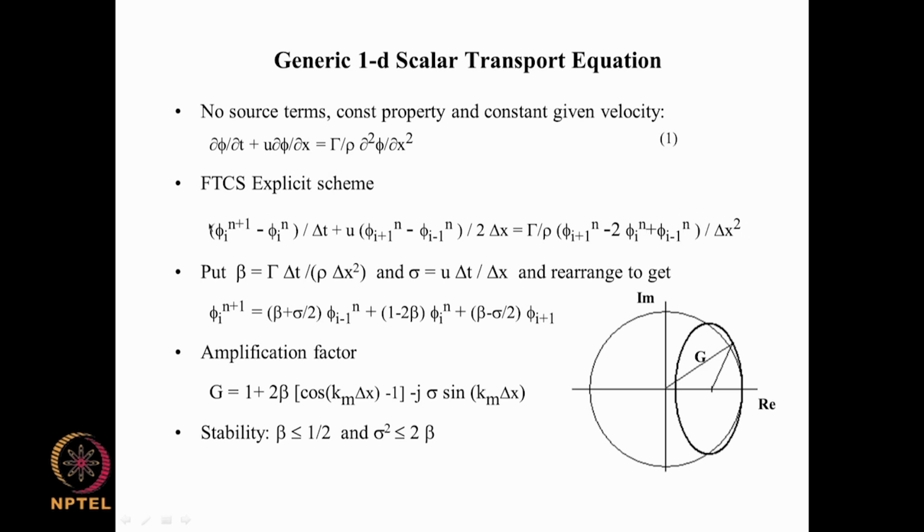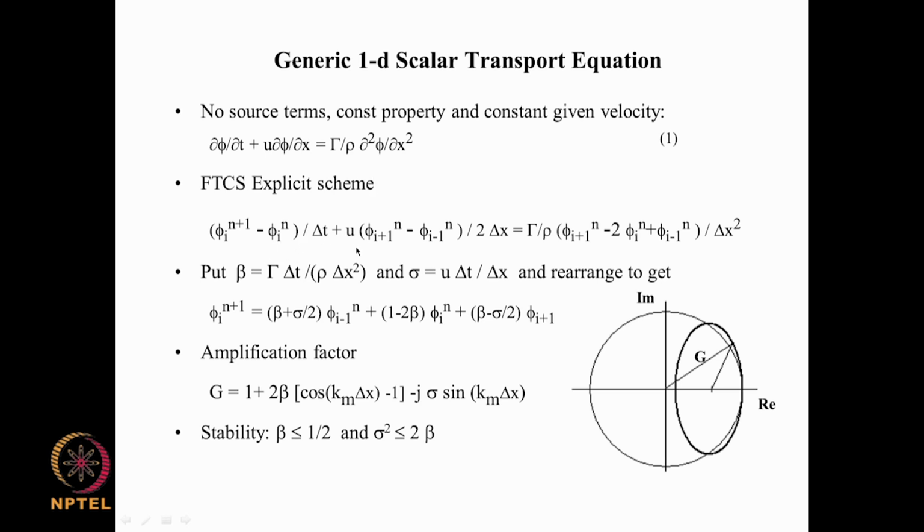So, this is the discretized form of the one dimensional constant property scalar transport equation including the convective derivative and the diffusive terms in the governing equation.